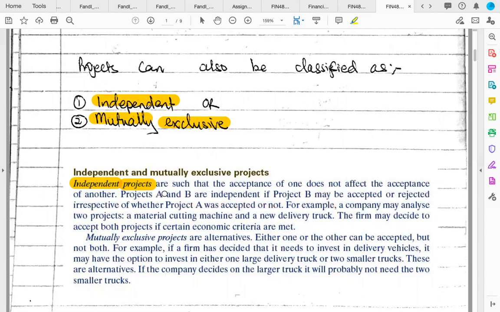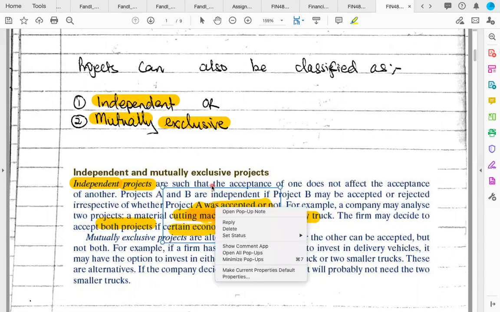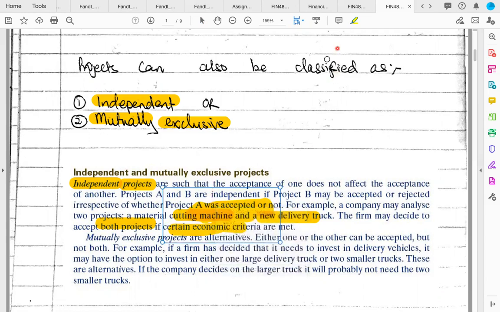For example, a company might analyze two projects, a material cutting machine and a new delivery truck. And the firm may decide to accept both projects if a certain economic criterion is met. Usually that criterion might be, for example, having a positive NPV, right?